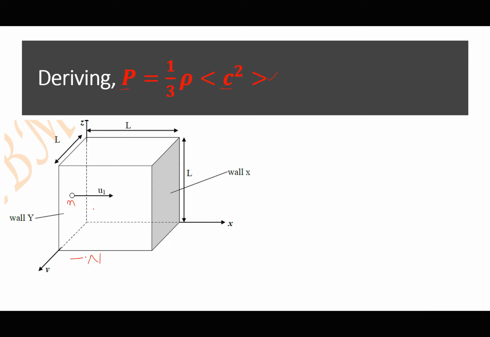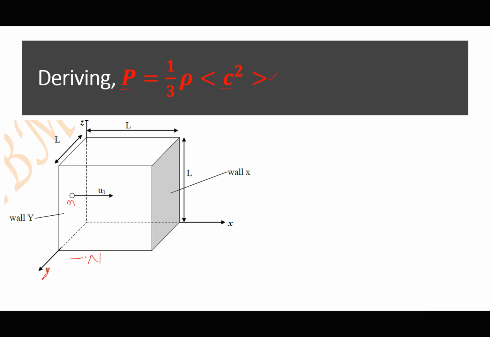Because the molecules of the gas move randomly in a zigzag fashion, the motion of each molecule can be resolved in three dimensions: in the x plane, in the y plane, or in the z plane. So this is the y plane.